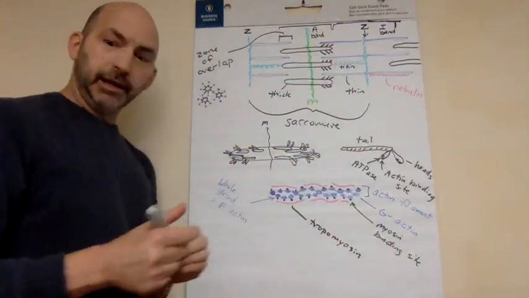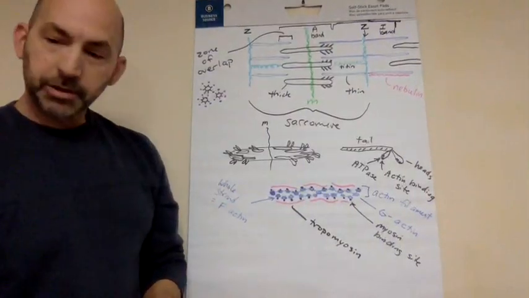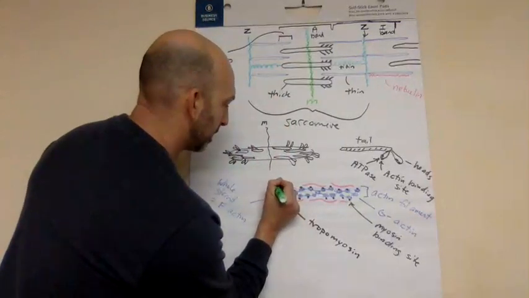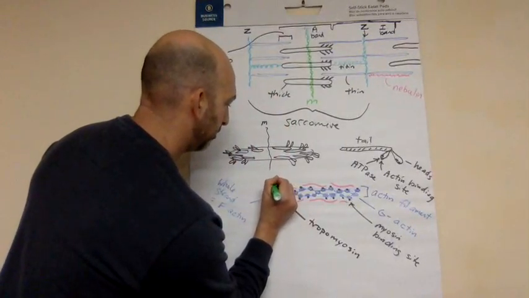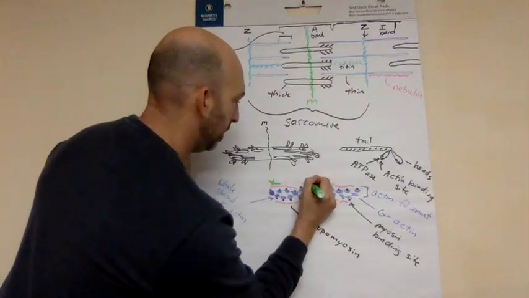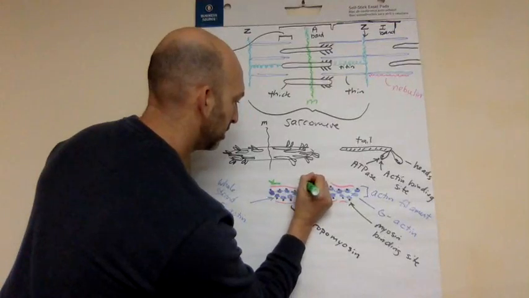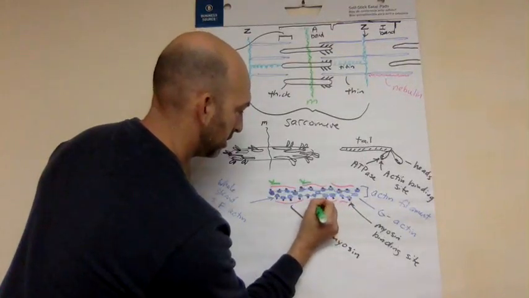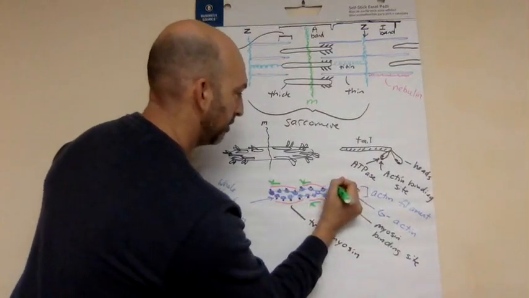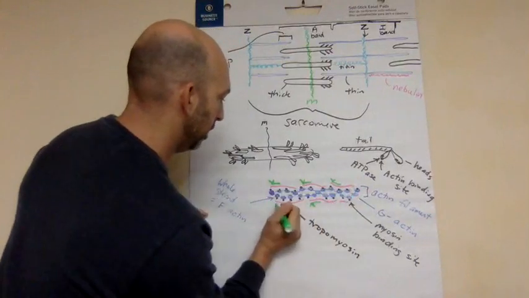So where's the regulatory protein? Well, that guy is, running out of colors here, here we go, another protein. It sits right on top of this. I'll put a little binding site on it. It's a little V shape. Right, so each one of the tropomyosins would have this other regulatory protein sitting on it called troponin.